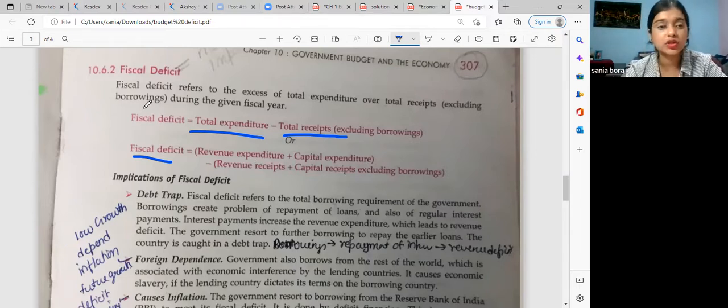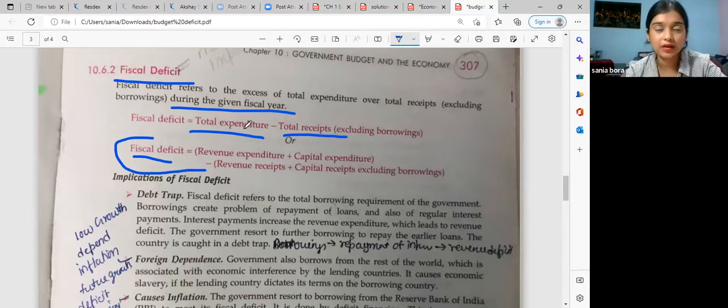Okay. So you just write the definition: fiscal deficit is the difference between total expenditure and total receipt, excluding borrowing, during a given fiscal year. And after that, write this formula as well, because this is the expanded formula. Sometimes in your question paper, total expenditure won't be given.